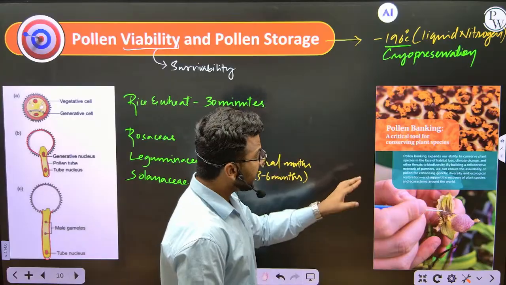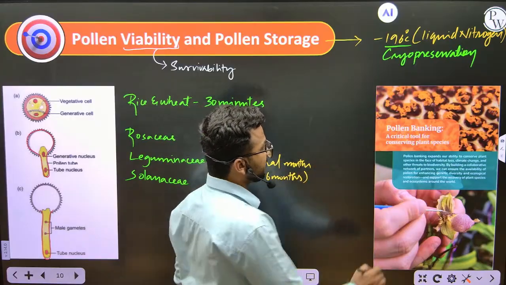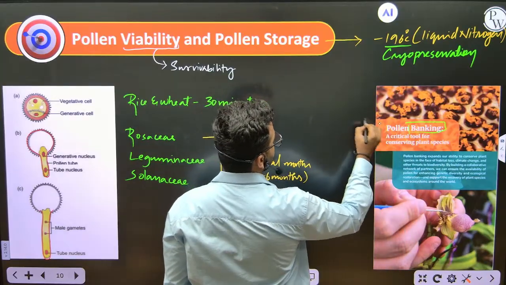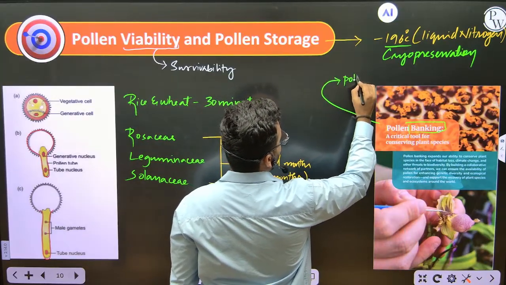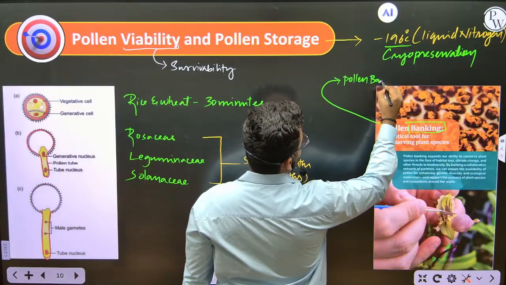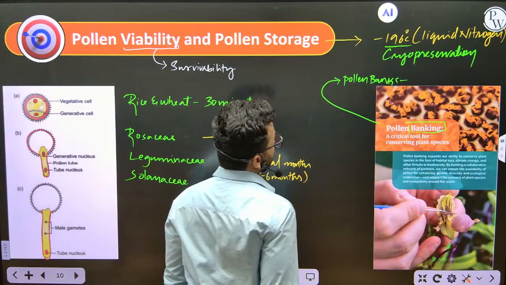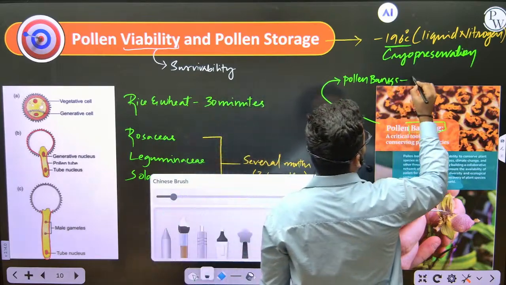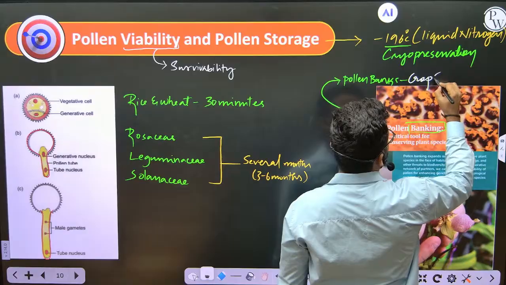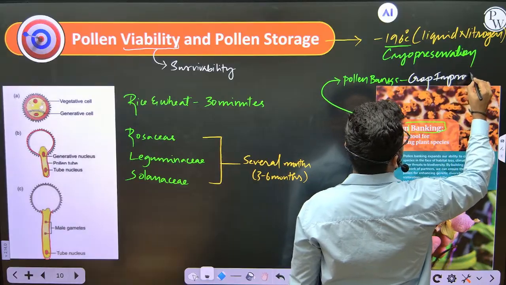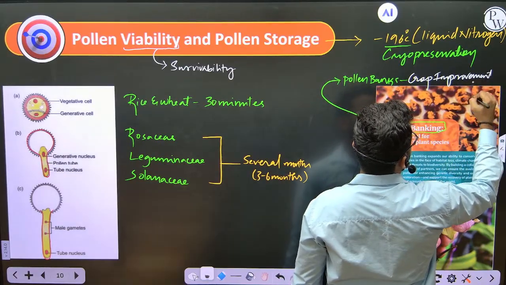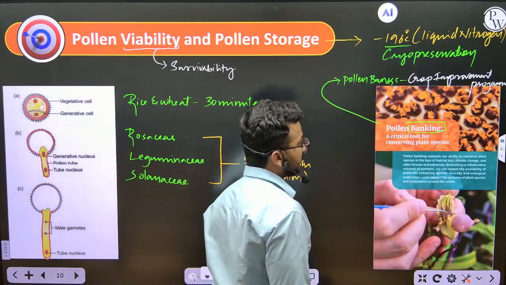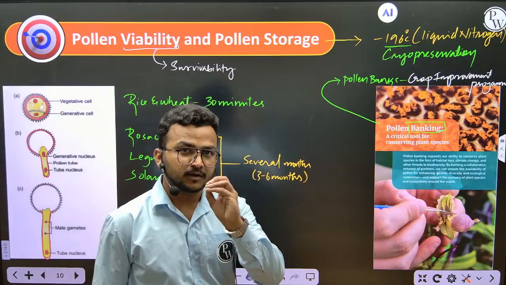The pollen grains are stored in the form of banks, like pollen banks. These pollen banks will be used for crop improvement programs. And not only that, they are also used for conserving plant species.